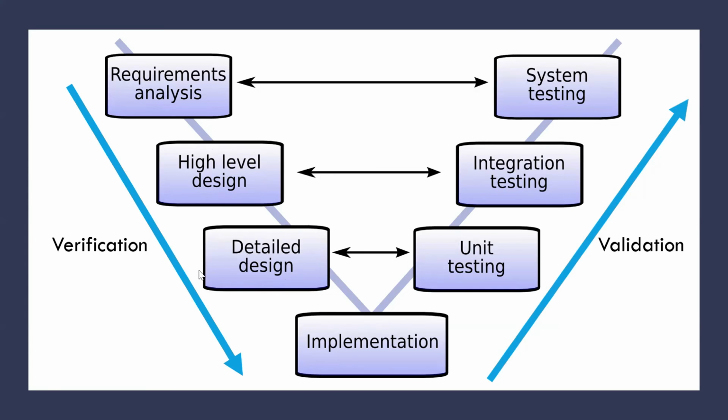So this is my verification process. That means requirement analysis, which document will you get after requirement analysis? BRD. High level design, HLD. Low level design, LLD. Implementation is your code. So whenever a developer was developing code, he said, okay, let's test it. So for LLD, there was unit testing.